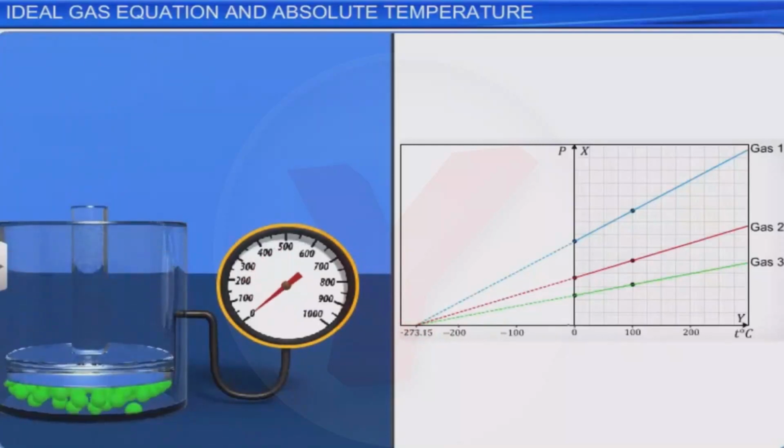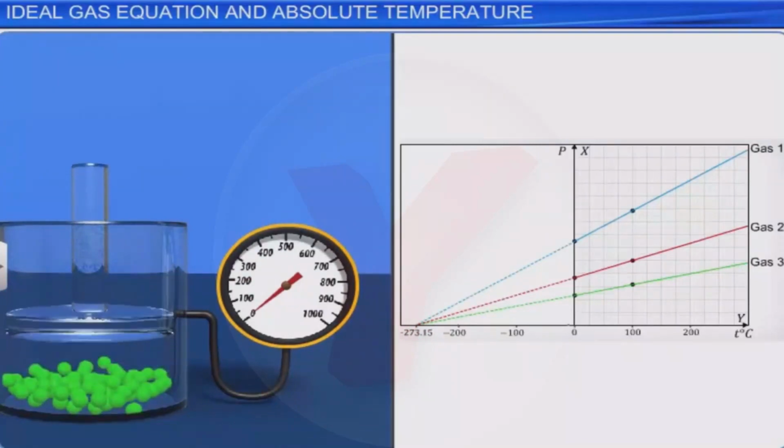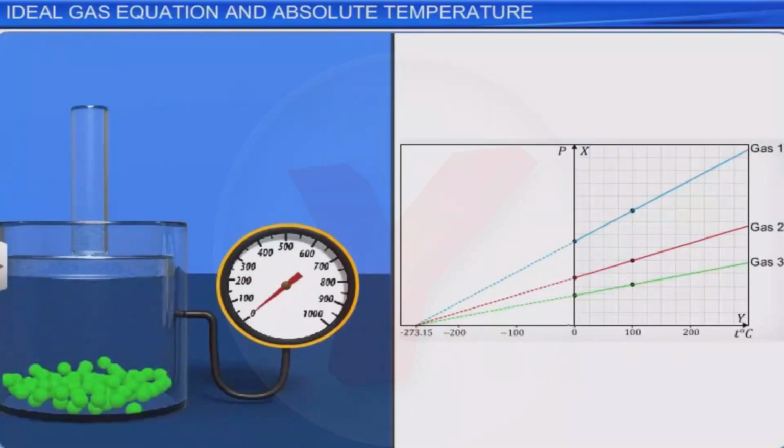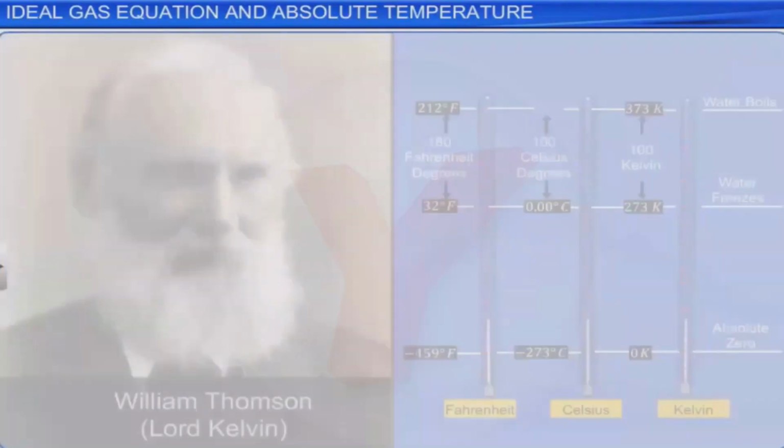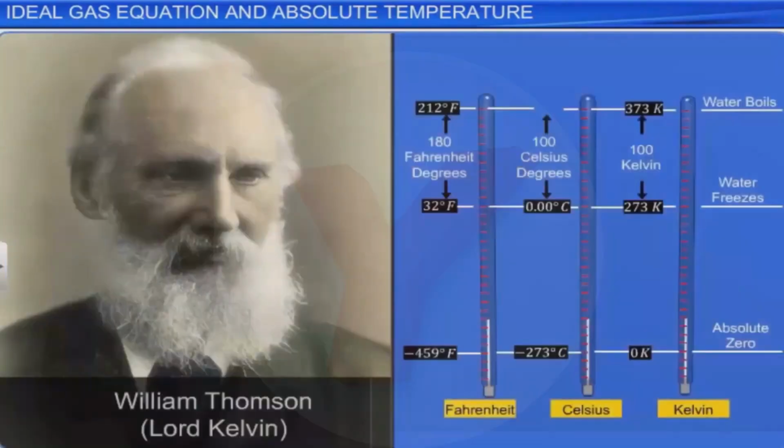In fact, at this temperature, the average kinetic energy of gas molecules becomes zero. As a result, they cease to move and settle at the bottom of the container, and the pressure exerted by them reduces to zero. A new temperature scale was developed by Lord Kelvin by designating this temperature of minus 273.15 degrees centigrade as zero.